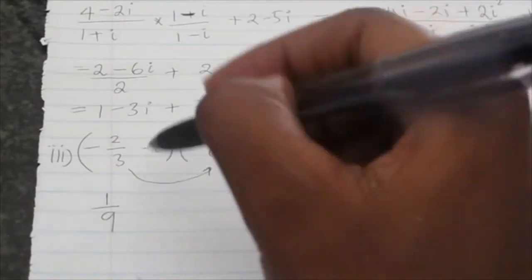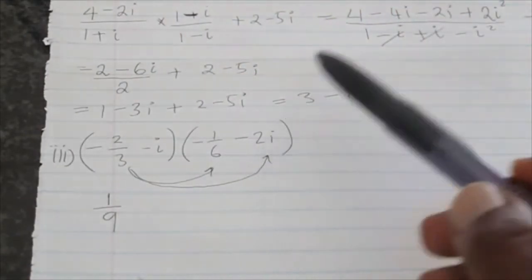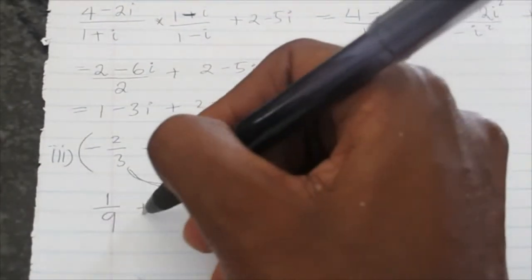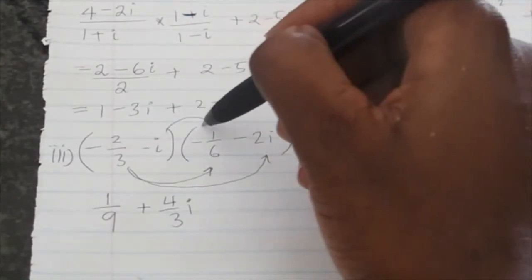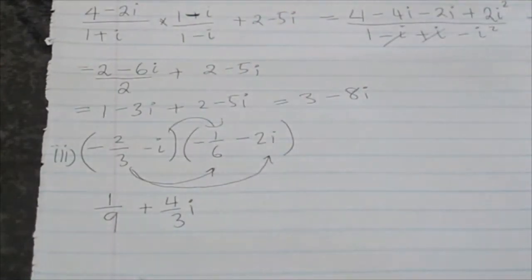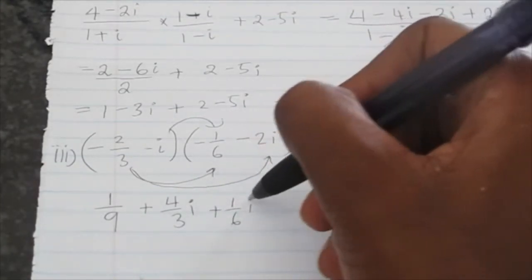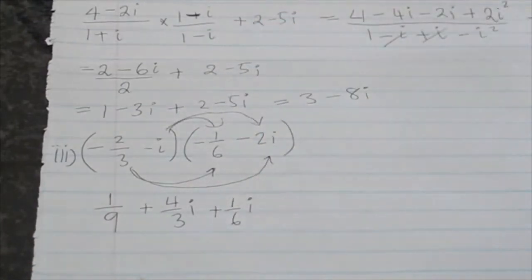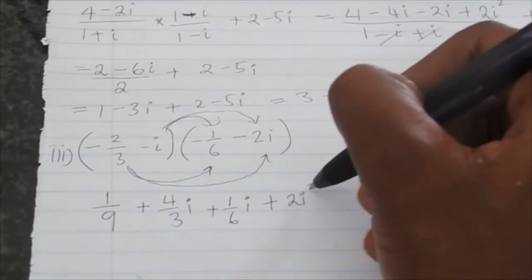And then the same thing, this one times that one. Again, it's a negative times a negative, so my answer is positive. So I will get 4 over 3i. And then here again, negative times negative is positive, so I get 1 over 6i, and then negative and negative again gives me a positive value, so I get 2i squared.